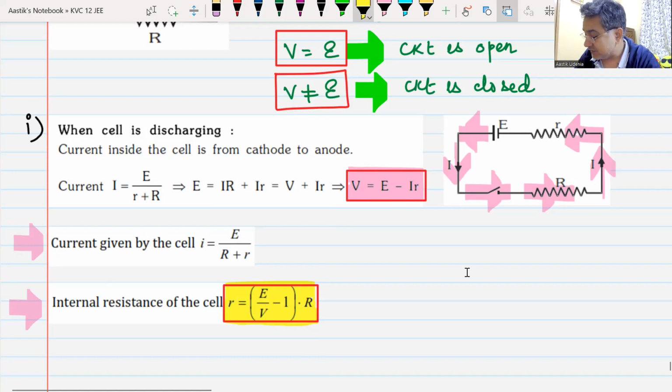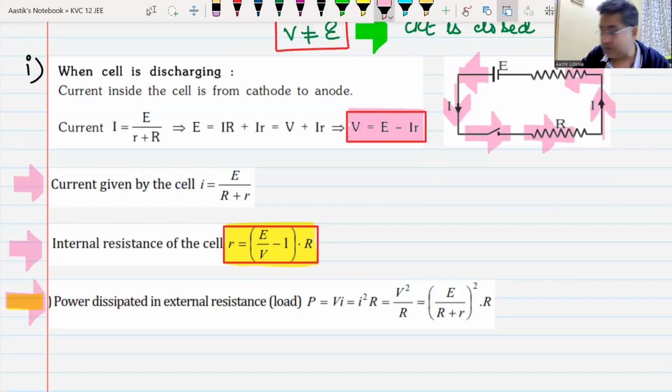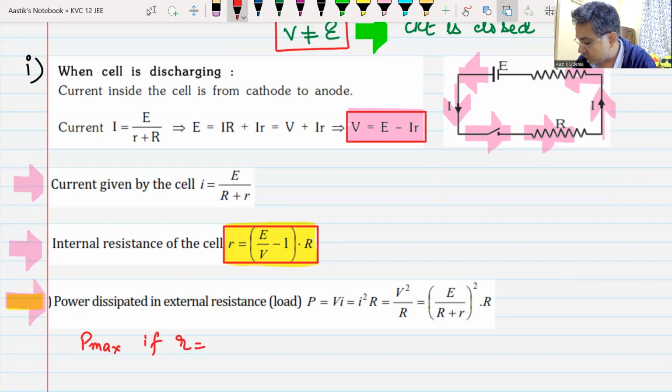Then there comes your maximum power transfer theorem. You can again write it here. The power dissipated in the load will be this much, and this power will be maximum if R is equal to capital R, and this maximum power will be equal to E square by 4r.